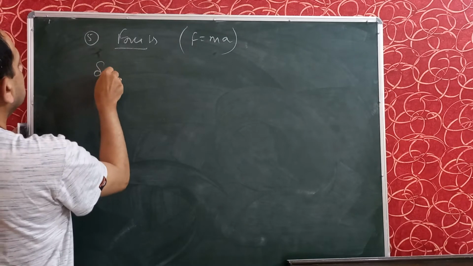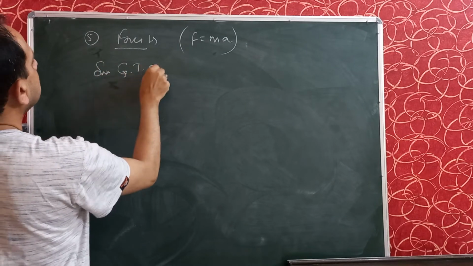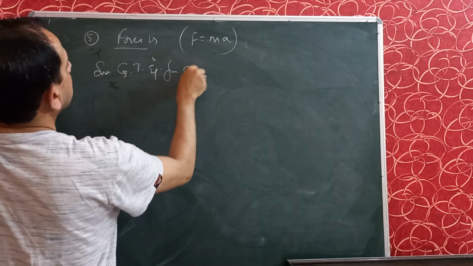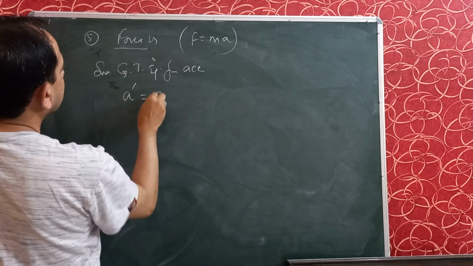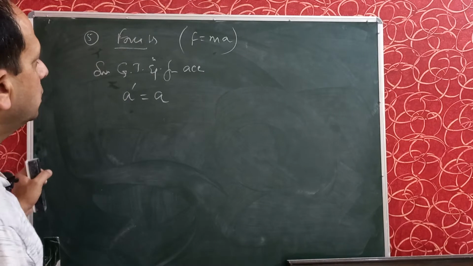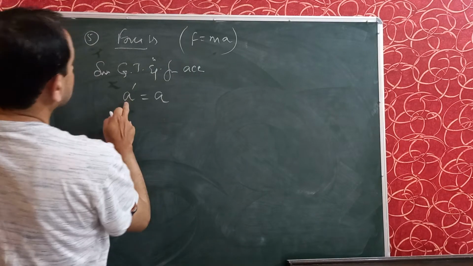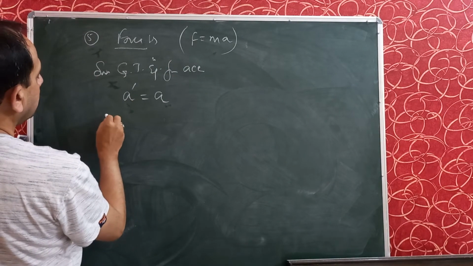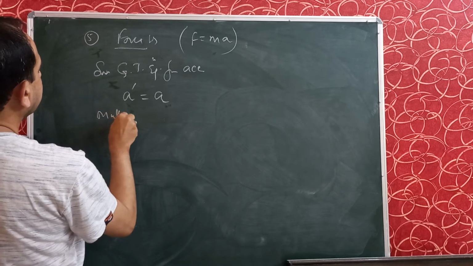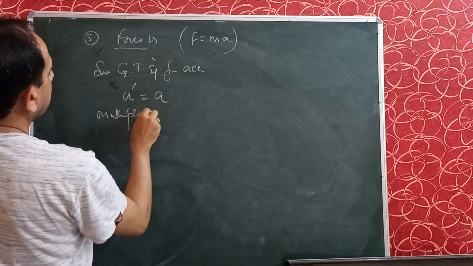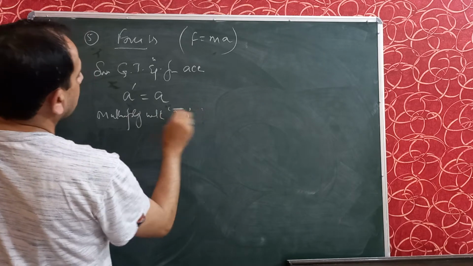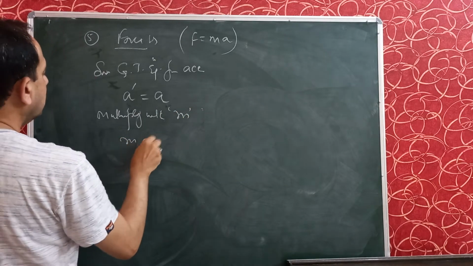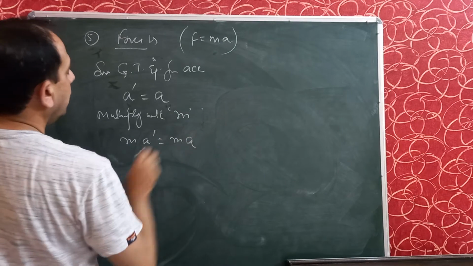Since the Galilean transformation equation for acceleration, which we proved recently, is a dash is equal to a, multiplying this equation with m on both sides, we will get m a dash equal to m a.